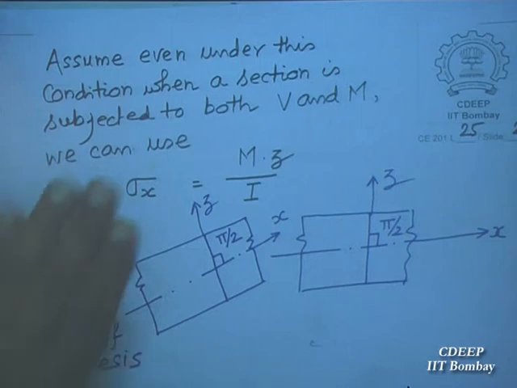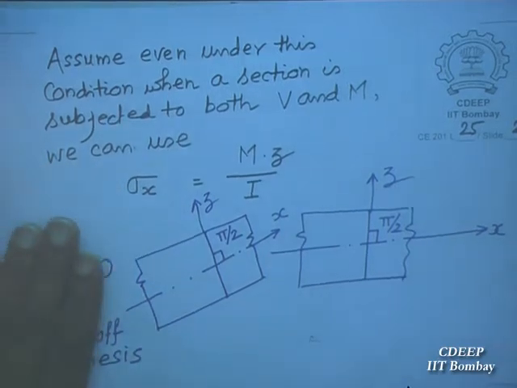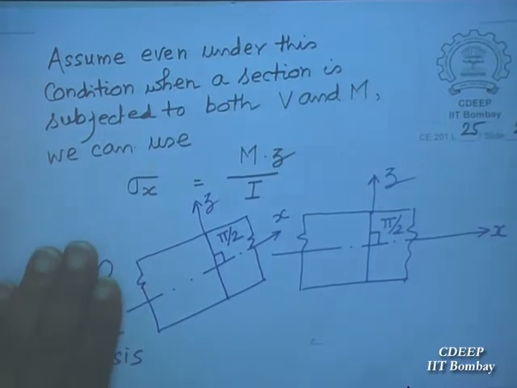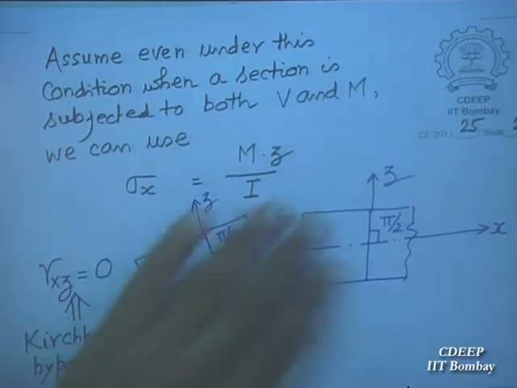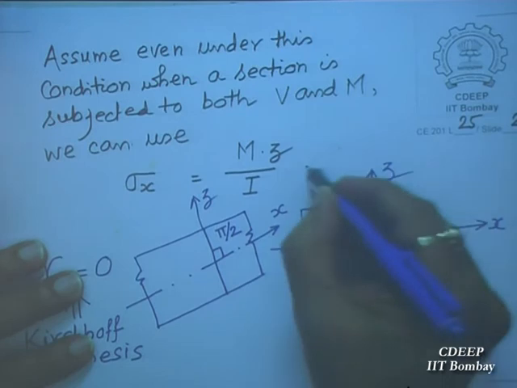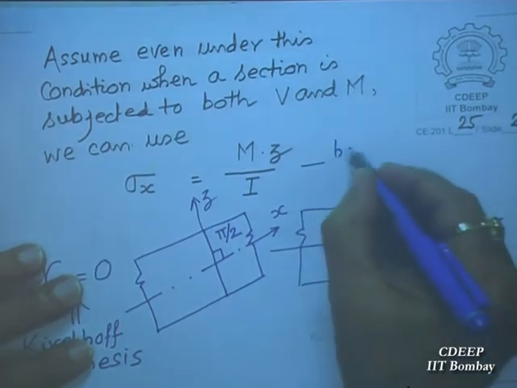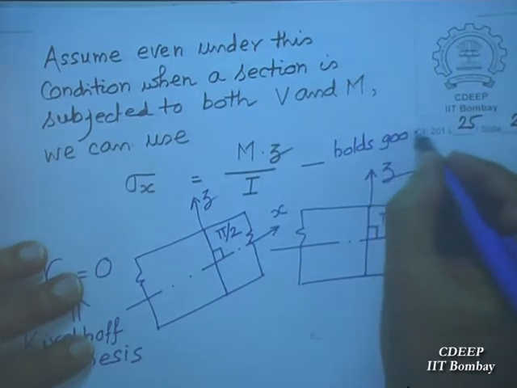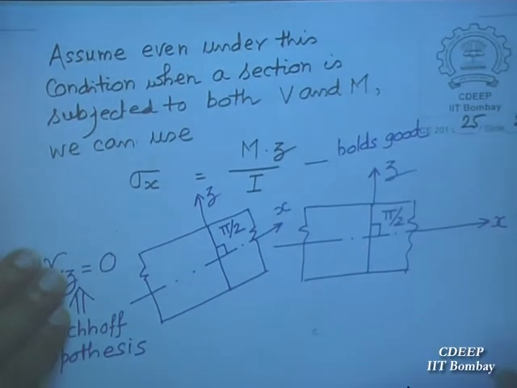So now we are really assuming this. So this is a Kirchhoff hypothesis. So we are assuming that this holds good now. Okay. If you assume this, then we can proceed further.